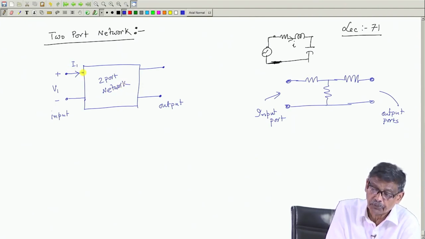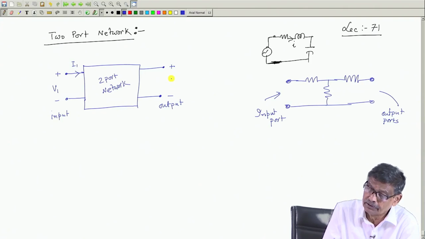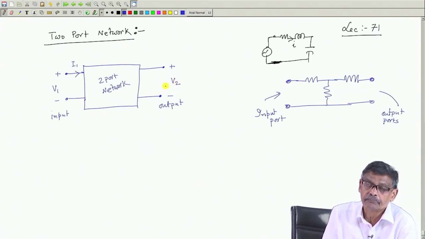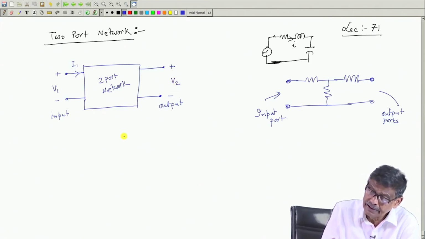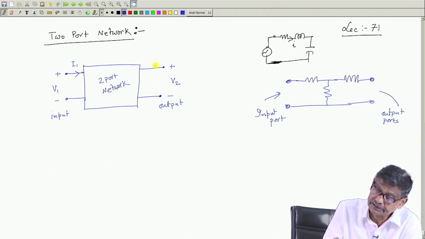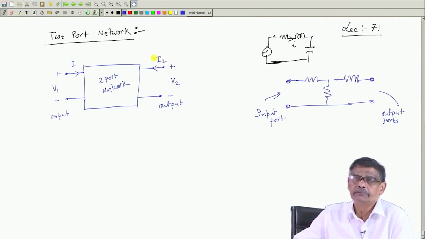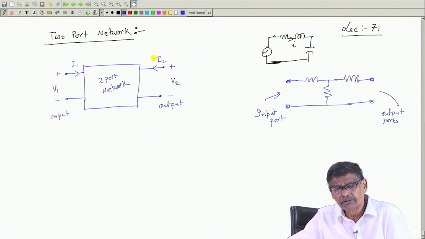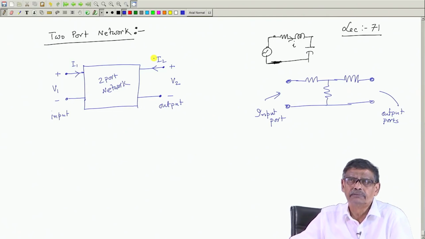This is the input port, and these two are the output port, where the voltage of the output I will always mention as V2, and its current direction I will specify like this, because I told you several times that the direction of current, in which direction it flows, I will assume.